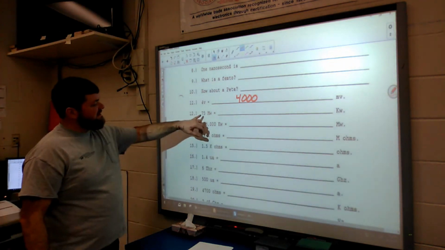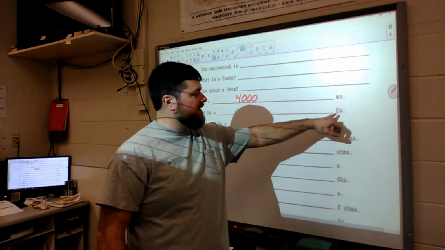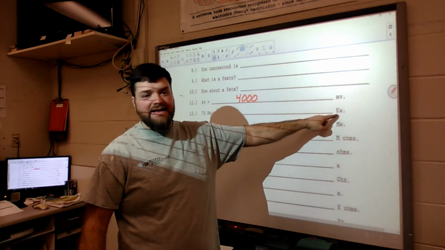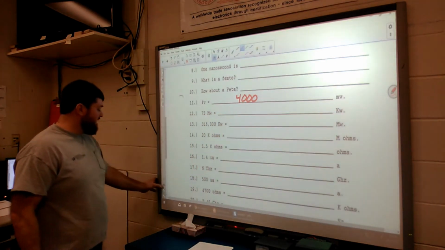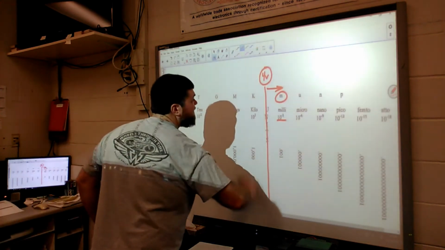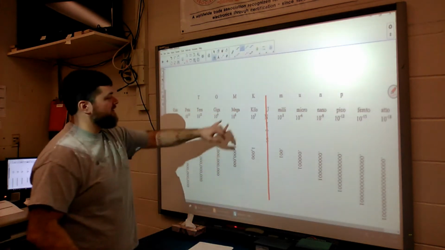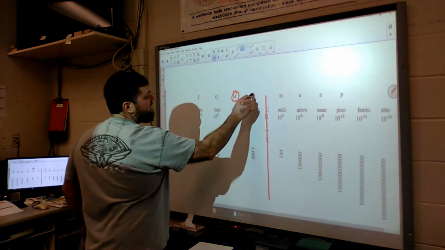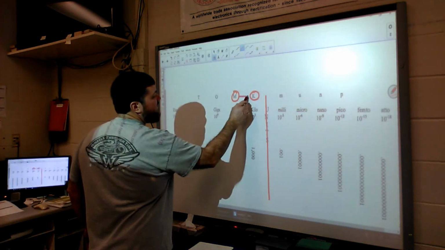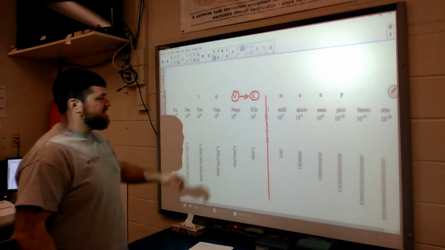It says we have 75 megawatts equals how many kilowatts? The only thing we really care about is this mega to kilo. So if we go back to our chart here, we are going to go from mega to kilo. We're going to move the decimal again 3 places to the right.